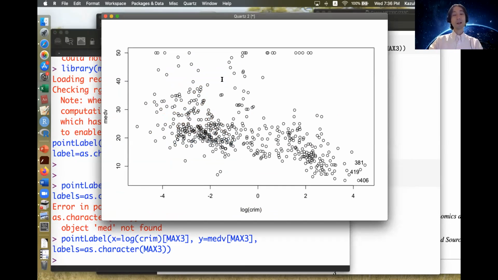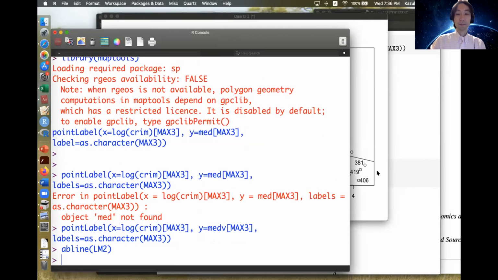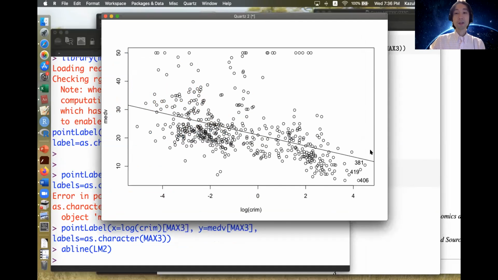So probably the center of the log of crime rate is around here. So these observations have less influence and these observations have more influence. So if this observation moves, then probably the slope of this regression line changes more.